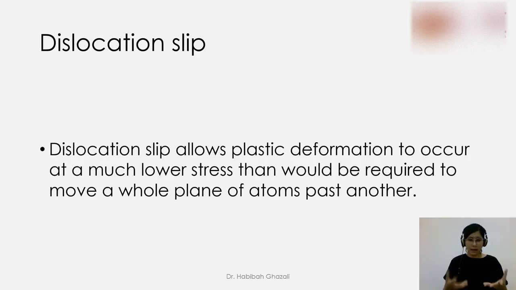So this is why at the very beginning I told you that plastic deformation happens at a much lower stress than what would be required to move a whole plane of atoms past another. This is through dislocation slips.